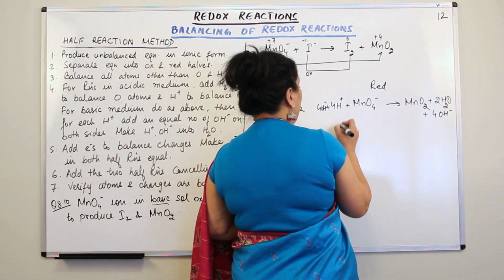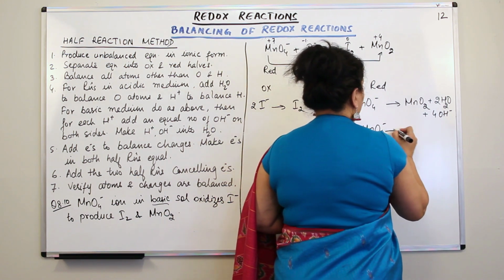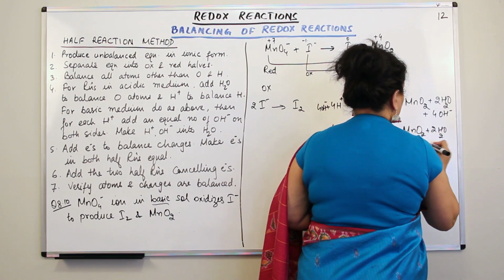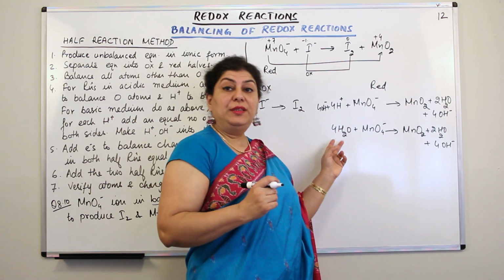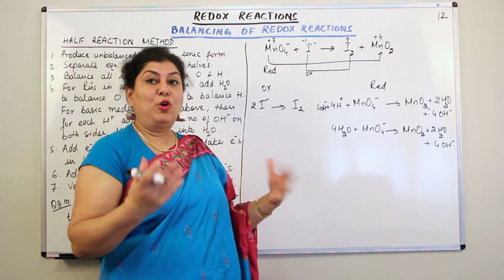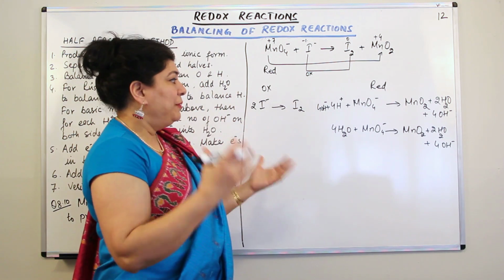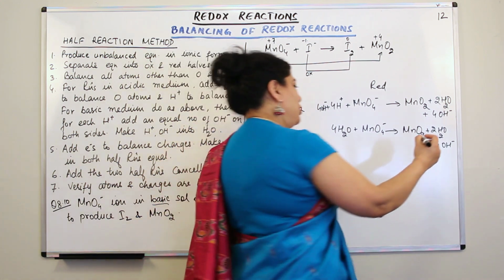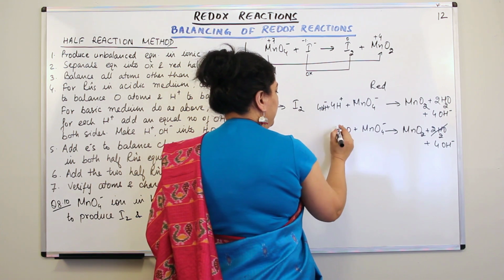So I'll get 4 water molecules plus MnO4 negative gives MnO2 plus 2H2O plus 4OH negative. Now what do I notice? I've got water both in the reactant side and in the product side. So you cannot have water on both the sides. I'll find out the difference and some of it will be cancelled. There are 4 water molecules on this side and 2 water molecules on this side.